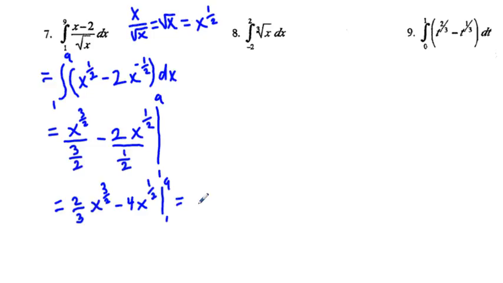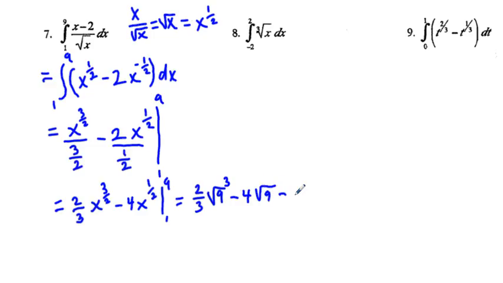I'm just going to continue to work to the right. So we're going to have 2/3, and that's going to be this x to the 3/2. But what that's going to be is, evaluating at 9, we're going to have the square root of 9 raised to the power of 3, and we're going to have minus 4 times the square root of 9.